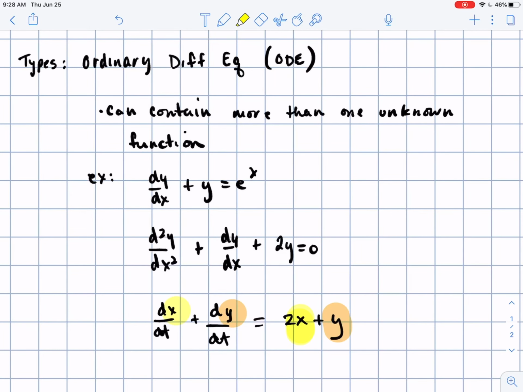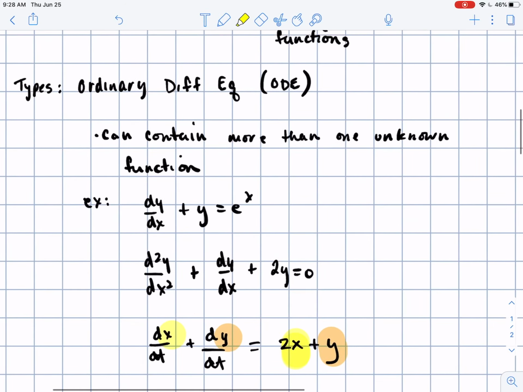So there you would have two different functions, and they're with respect to time instead of x. So that's an ordinary differential equation.